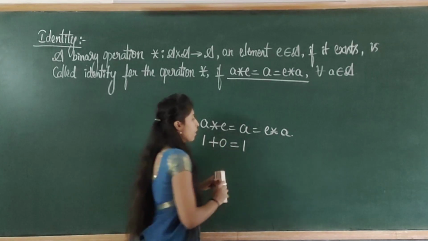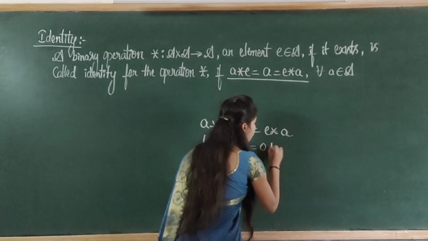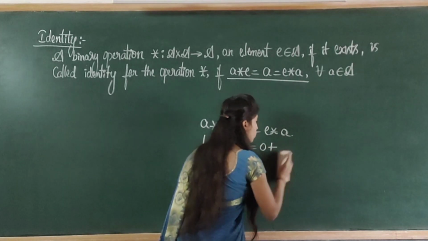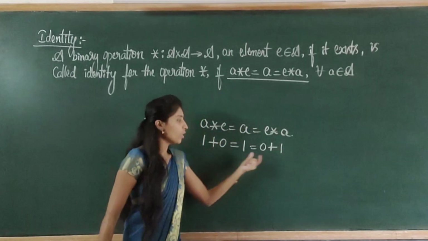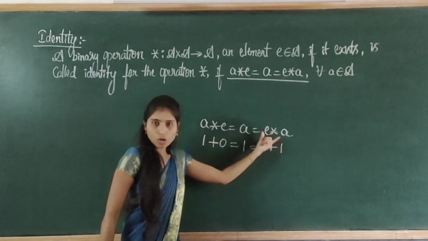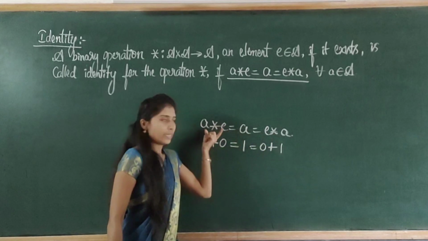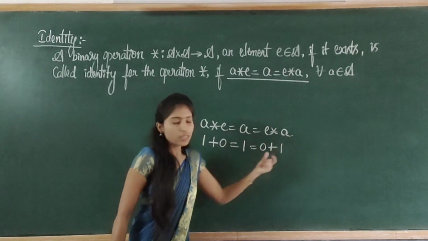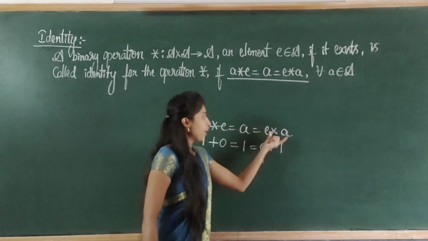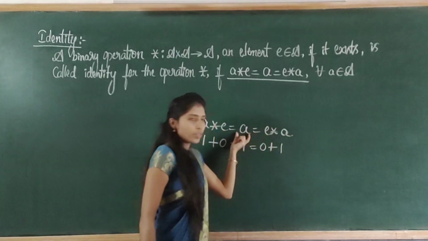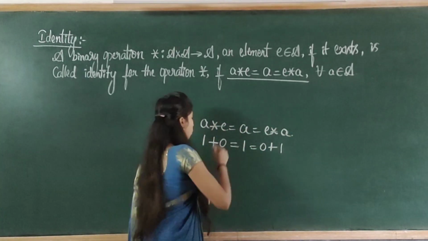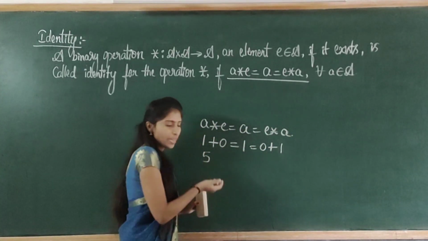In the same way, here also 0 plus 1, you will get 1 only. It's like the commutative property, right? So A star B is equal to B star A. Here also A star E and E star A should be equal to A only. For example, you can take any 5.